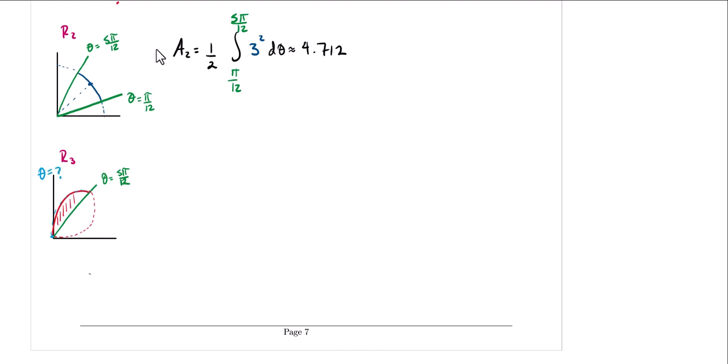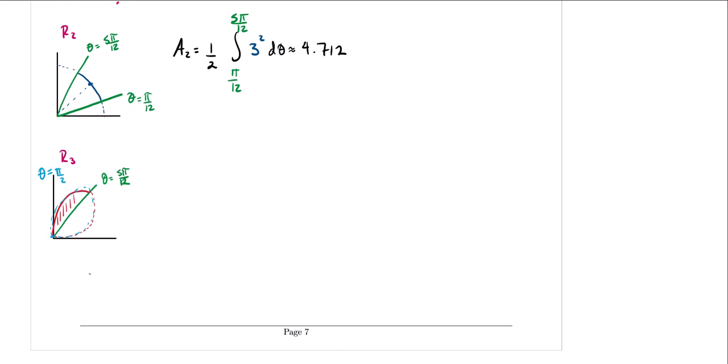So what is this angle? Well, since we know that essentially one of the petals is being formed as theta goes from 0 to pi over 2, then this one here is pi over 2.